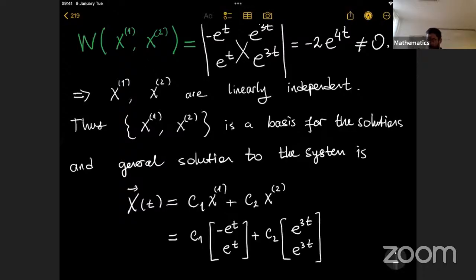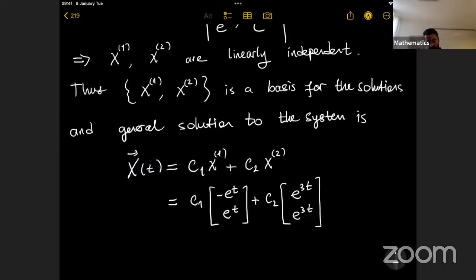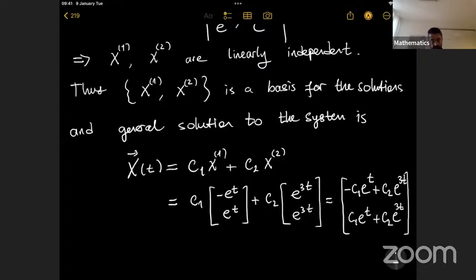So this is the general solution, or if you want, you can write it like this: minus c1 e to the t plus c2 e to the 3t, and c1 e to the t plus c2 e to the 3t, okay? And here c1, c2 are real numbers, okay?